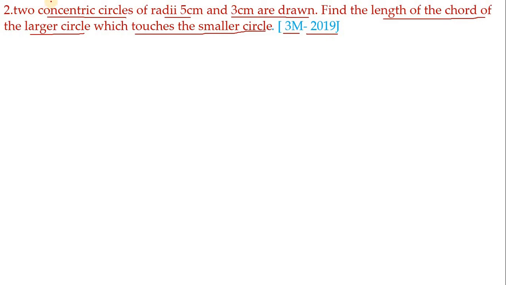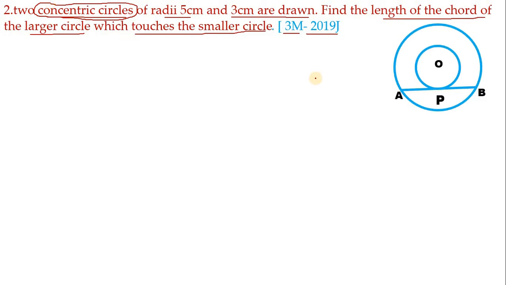See, in the problem they clearly talked about 2 concentric circles. Concentric circles means circles which have the same center but different radii. Hence we can draw the figure like this. There are 2 circles. For both circles, the center is the same, that is O itself here.